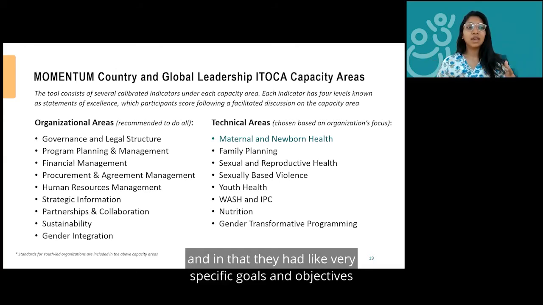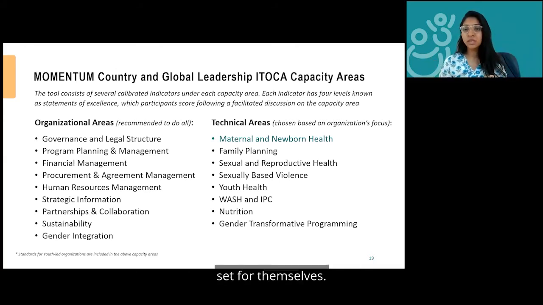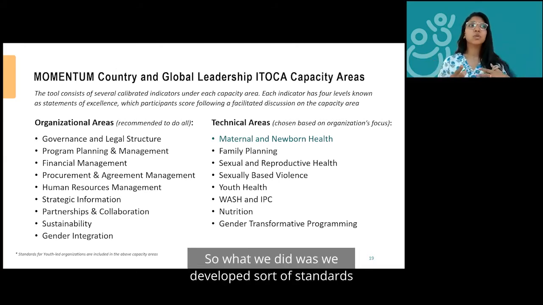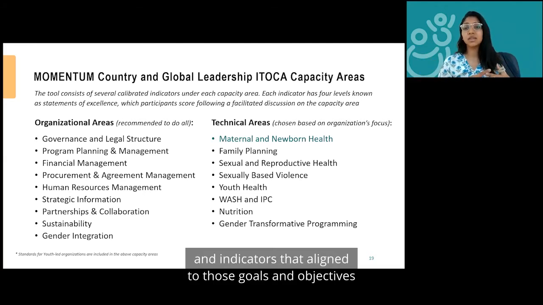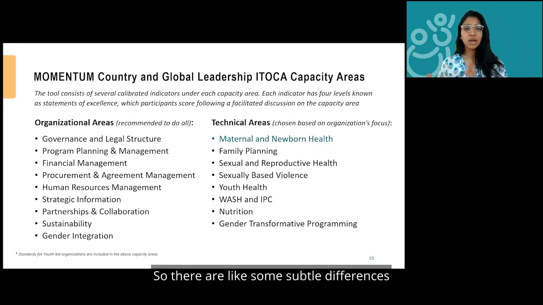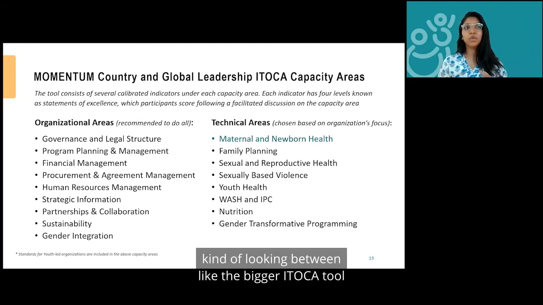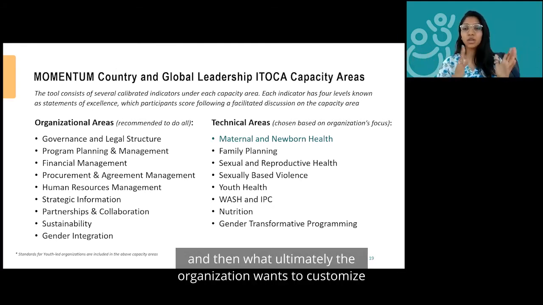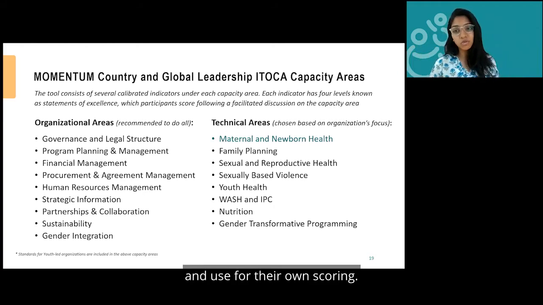And in that they had very specific goals and objectives set for themselves. So what we did was develop standards and indicators aligned to those goals and objectives that they then used to score for themselves. So there are some subtle differences between the bigger ITOCA tool and what the organization ultimately wants to customize and use for their own scoring.